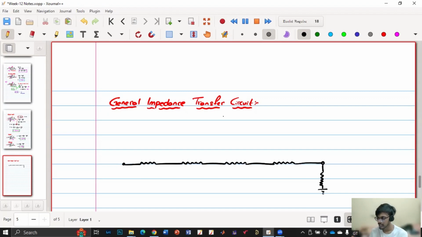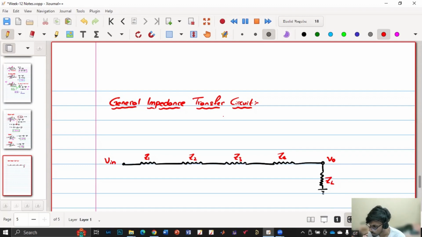I'm representing it as a resistor, but it could be any impedance, a capacitor or any other thing. So this is my V input and this is my V naught. Say this is Z1, Z2, Z3, Z4, and this is Z5, or say Z load.